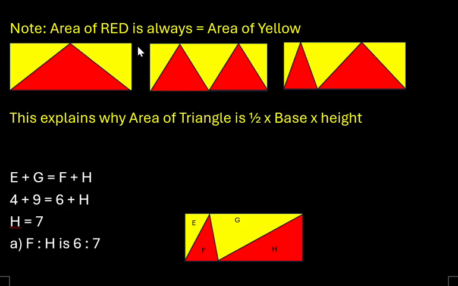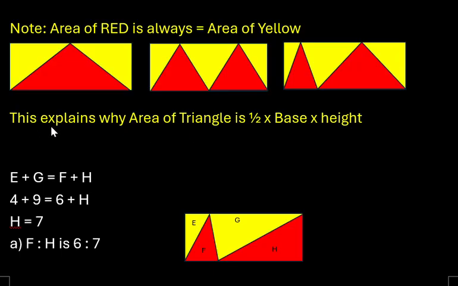Whenever you have a rectangle with triangles inside, and the starting point is always at the corner of the base and it touches the top, the area of the yellow and the area of the red are always equal to each other. So these two yellow add up to equal this red. These three yellow add up to equal these two red, and so on.